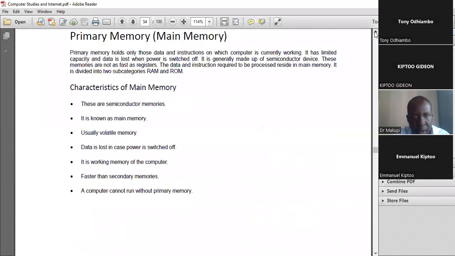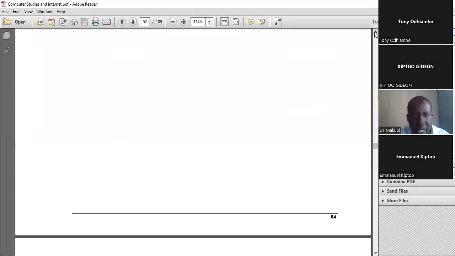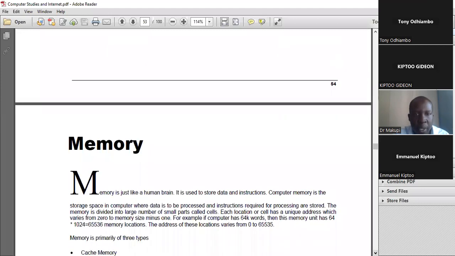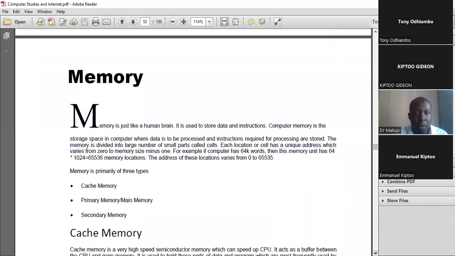Okay, if you have seen the document, I want to proceed straight to discuss memories. At any given time, when we come across computer memories, what comes to your mind is the aspect about storage. All storage in a computer happens in a computer memory. And the way a memory device stores data is inside small sections known as cells.